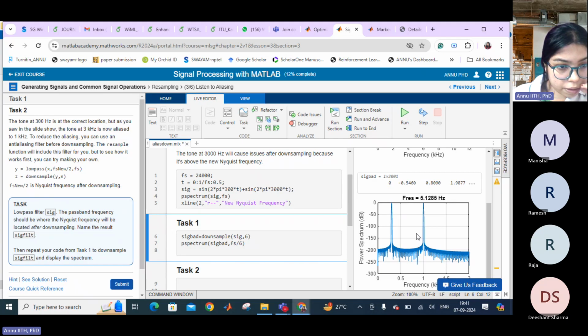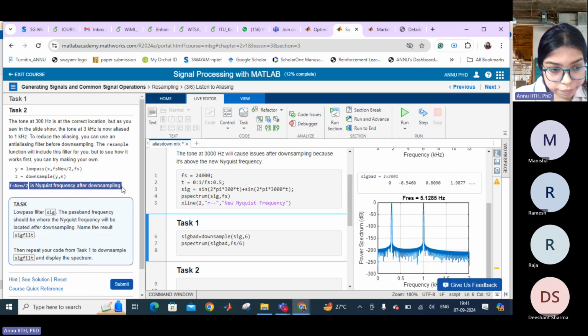The resample function will include this filter for you. But to see how it works first, you can try making your own, using lowpass with the signal and fs by 2 mu. Then z is equal to downsample of y, where fs by 2 mu is the Nyquist frequency after downsampling.